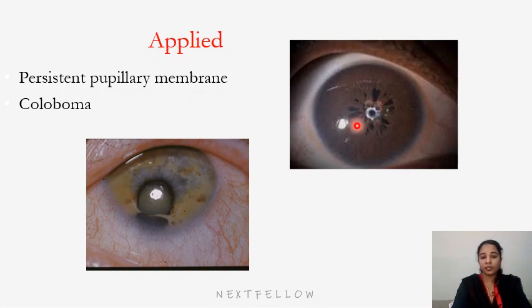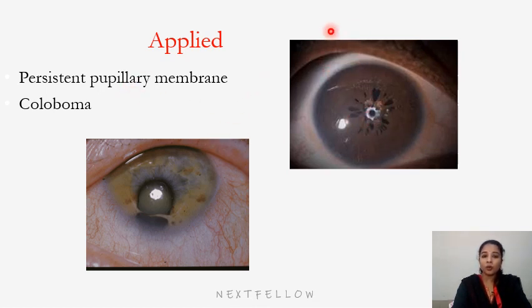It represents the remnant of the anterior tunica vasculosa lentis, and it appears as strands of connective tissue bridging the pupillary area. They are usually asymptomatic and of no functional significance, but they obstruct the light which is entering the eye, so the person may not see properly or may be completely blind if this is not corrected.